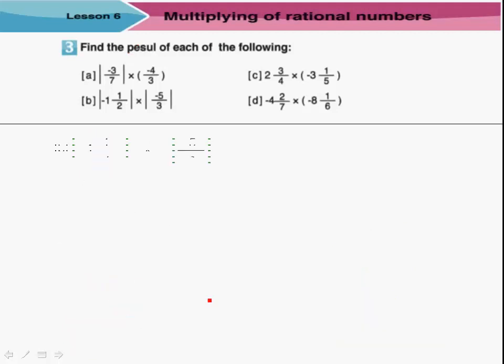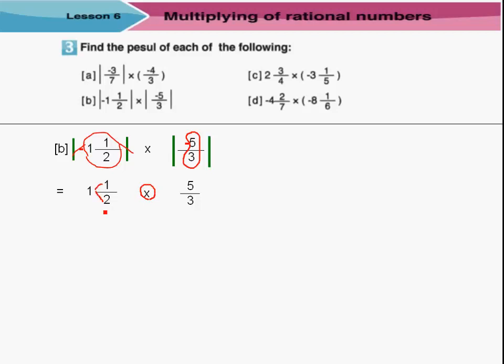B, also in this case we have absolute value, so cancel the absolute with the sign. We will take only the number without any sign, times also the number without any sign, which is 5 over 3. This is a multiplication. You have to write this integer as 2 times 1 equals 2, plus 1 equals 3.